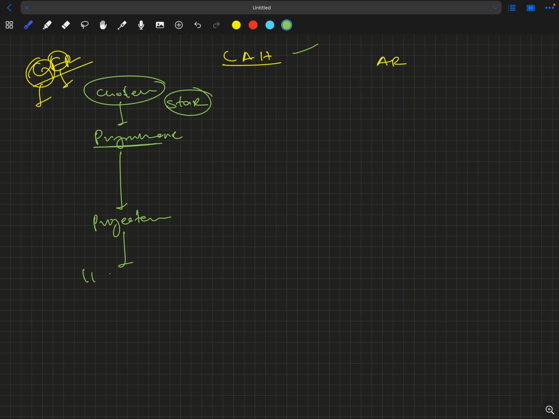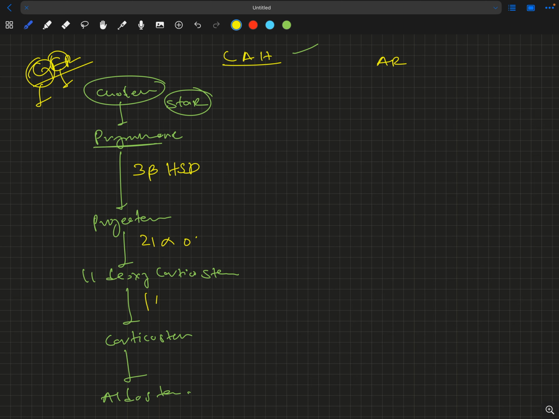From progesterone we have 11 deoxycorticosterone. From 11 deoxycorticosterone we have corticosterone. From corticosterone we have aldosterone. So these steps we have to remember like this: 3, 2, 1 and 1. 3 beta hydroxysteroid dehydrogenase, 21 alpha hydroxylase, 11 beta hydroxylase.